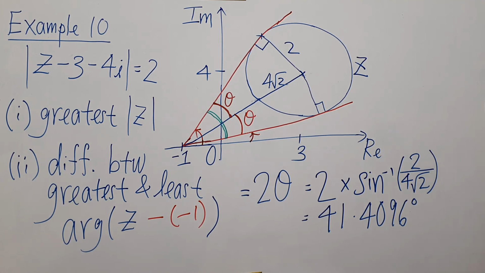So this is the difference between the largest and the smallest argument of z minus -1. And that completes example 10.